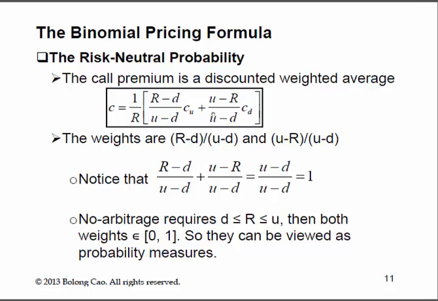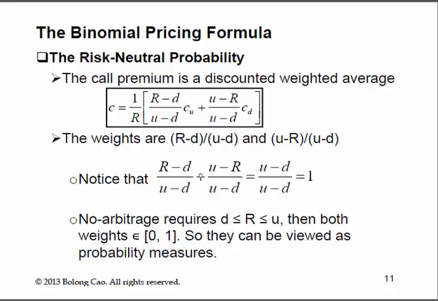So again, it's actually a cross product, if you would like. R minus the down proportion times the upstate call payoff, and the up proportion minus the risk-free rate times the downstate call payoff. Down, up, down. So the idea is kind of a cross product.